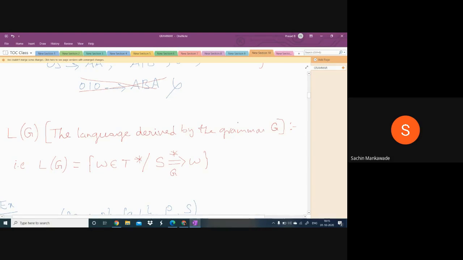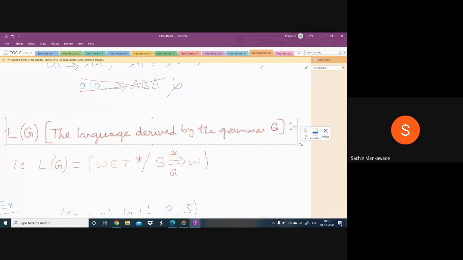The language derived from the grammar G. Okay, now take this heading. Take this heading. And now take the definition.